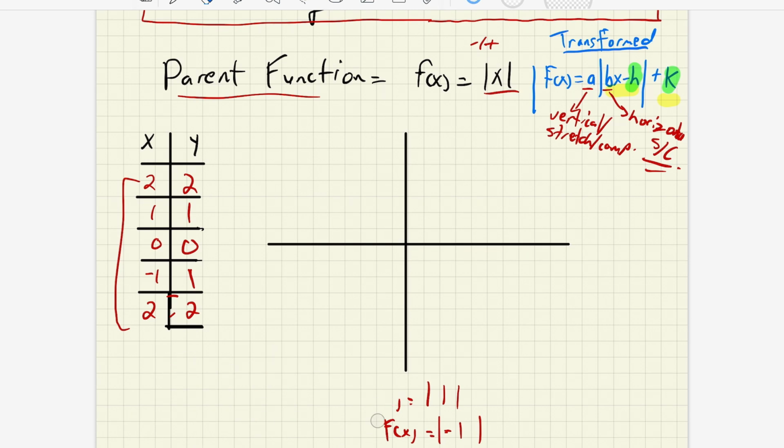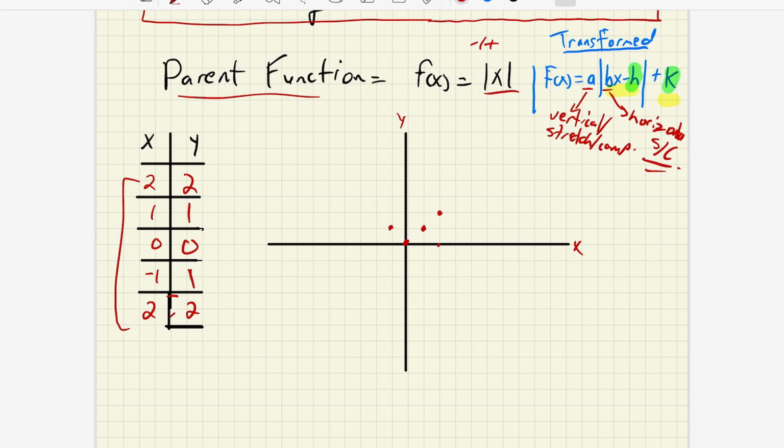So we're going to plot this to see how we can expect the parent function to look, at least for the first couple of points. At +2 on the x-axis, it'll go to +2 on y. So we've got a point there. +1 for x is +1 for y, and 0 is 0. And then when it comes to negative, for -1, y is +1.